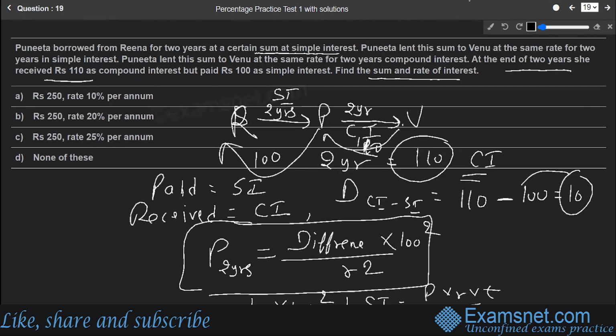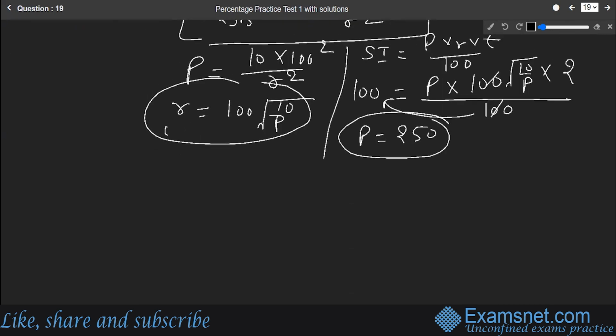But we are not supposed to solve just the principal. The principal has come, that is 250. We are supposed to calculate the rate also. We have the direct formula that we just used for finding the rate in terms of principal: R is equal to 100 under root 10 divided by P. The principal value is 250.